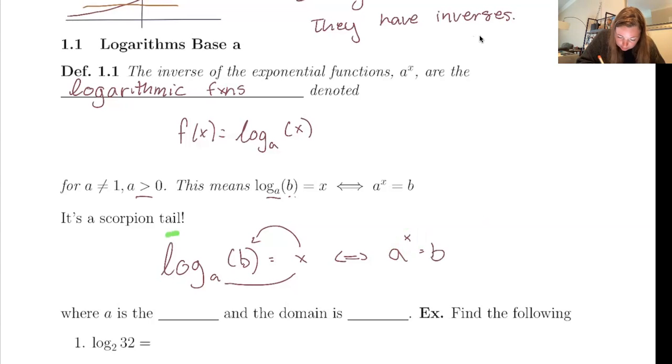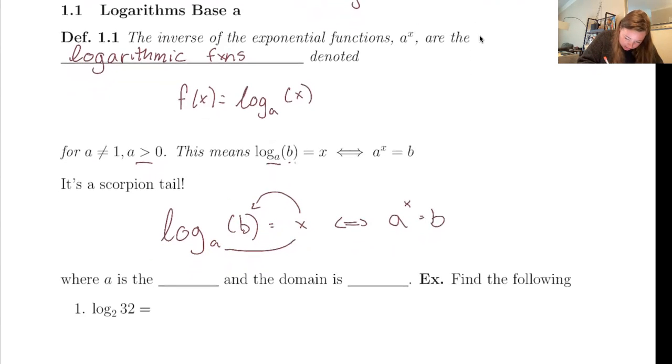That means x is an exponent. So log base a of b is an exponent. It acts like an exponent. It asks the question, if I have a, what do I raise it to to get to b? That's the question it asks. I like to think of these functions as questions.